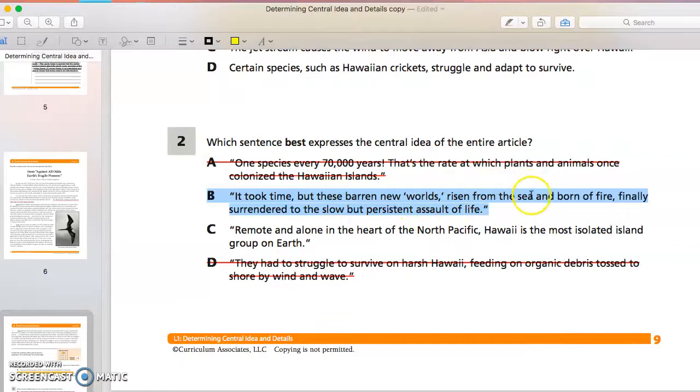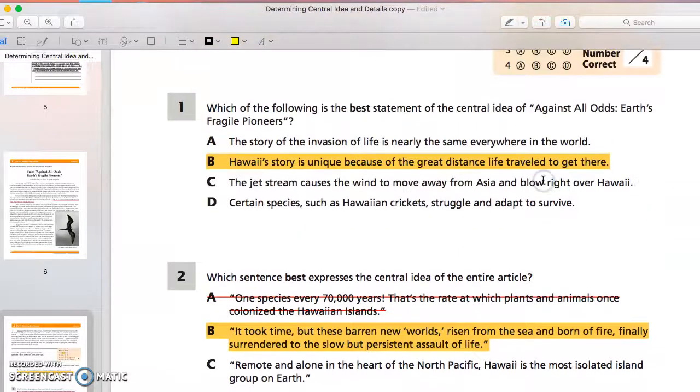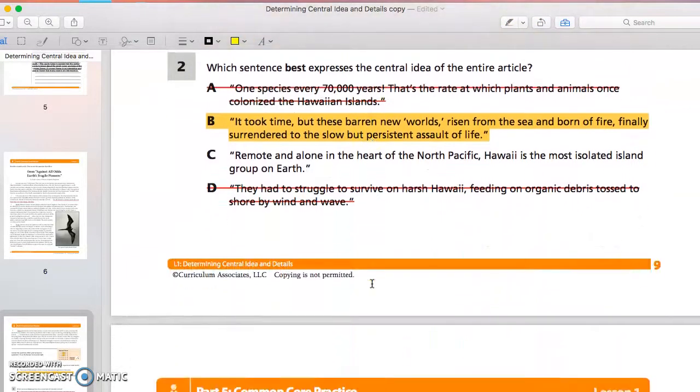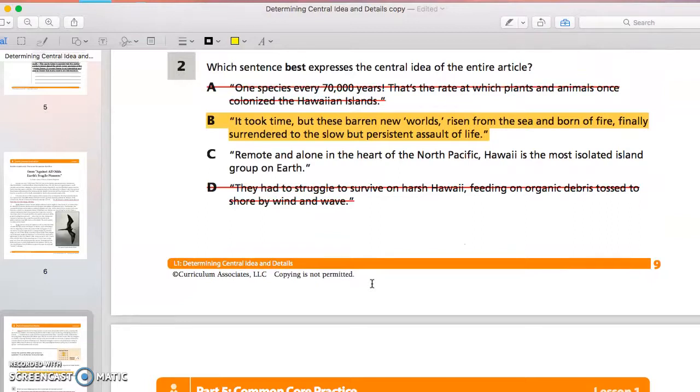It rose from the sea, born from the fire, still survived. So we're going to keep that. Spirit. And we're going to highlight evening. That doesn't always happen, but often if you have a central idea and the statement, the quote that goes with it, they are the same letter sometimes.